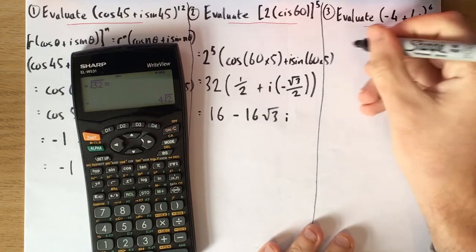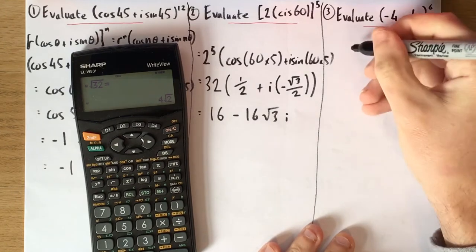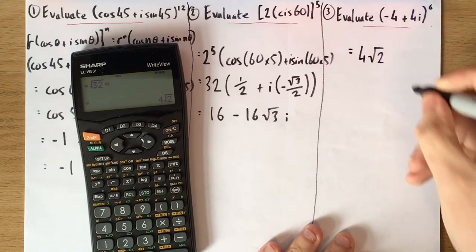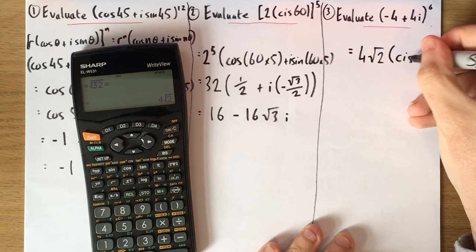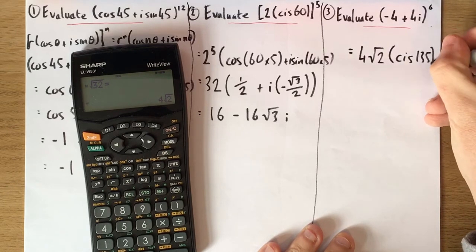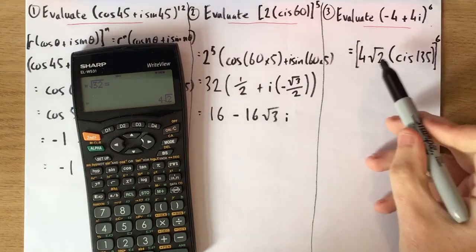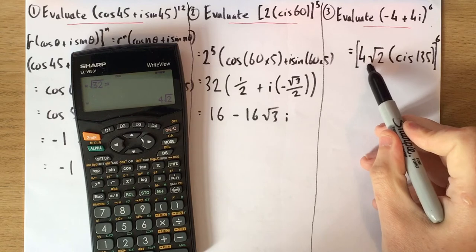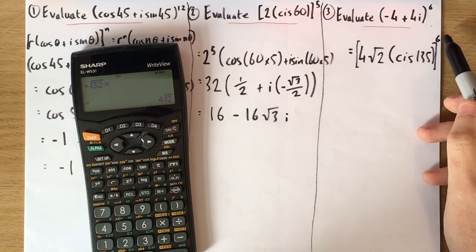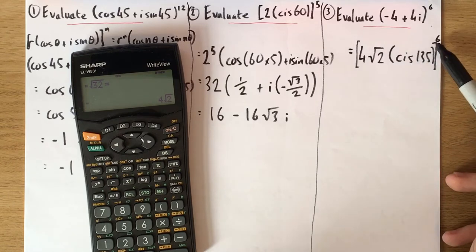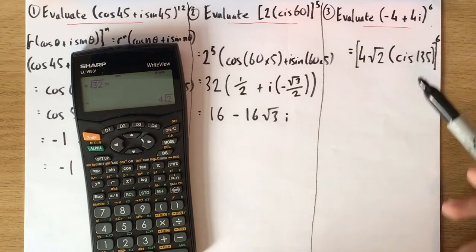So this -4 plus 4i is the same thing as 4 root 2 on the cis of 135. And then, as in the question, that's all raised to the power of 6. So to do that out, you're going to raise your modulus to the power of 6, and then it's going to be times the cos of 135 times 6 plus I sine 135 times 6.